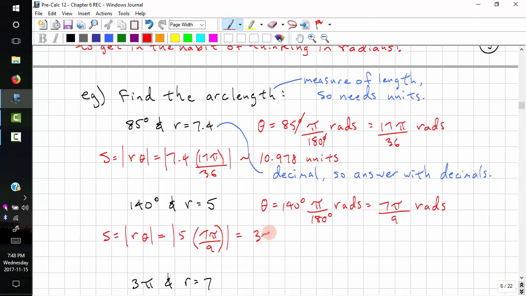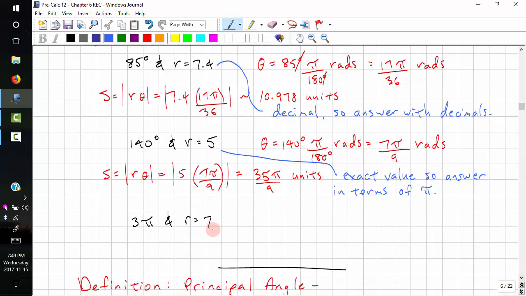So this is 35 pi over 9 units. Exact value. So answer in terms of pi.